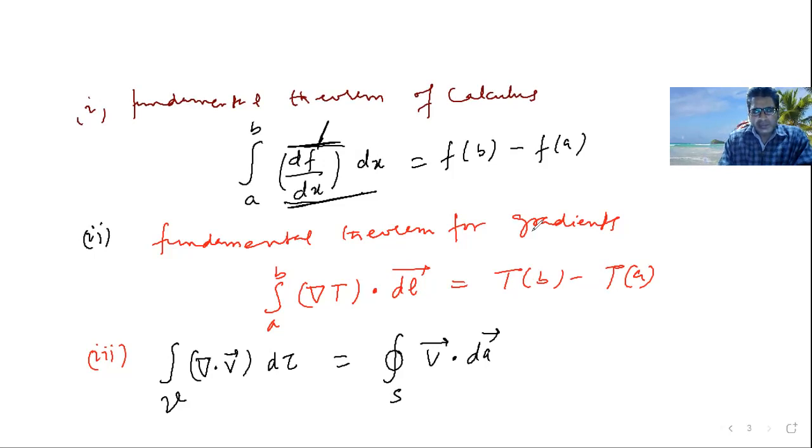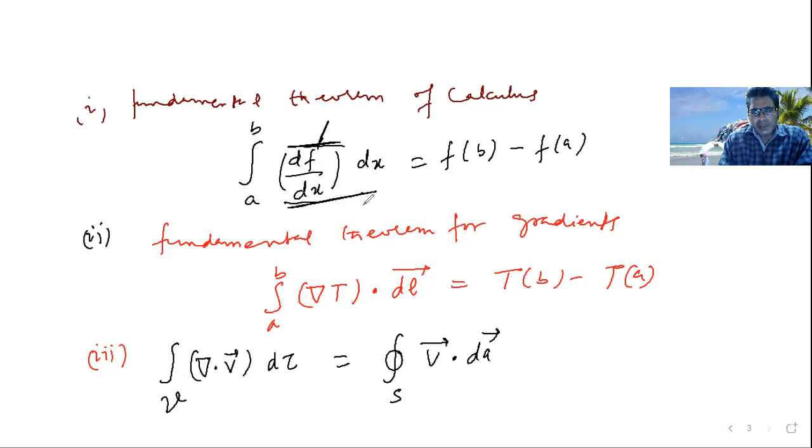Similar is here. The volume nu is enclosed by surface S. Now there is the integral of the derivative of v, because this also contains derivatives, right? Within the volume it is related to the values of the vector field at the surface enclosing the volume nu, right?